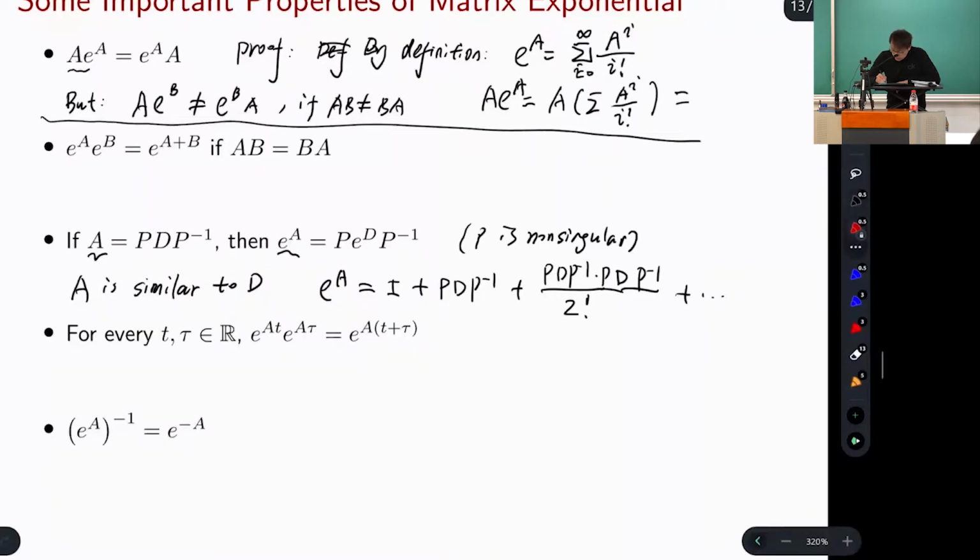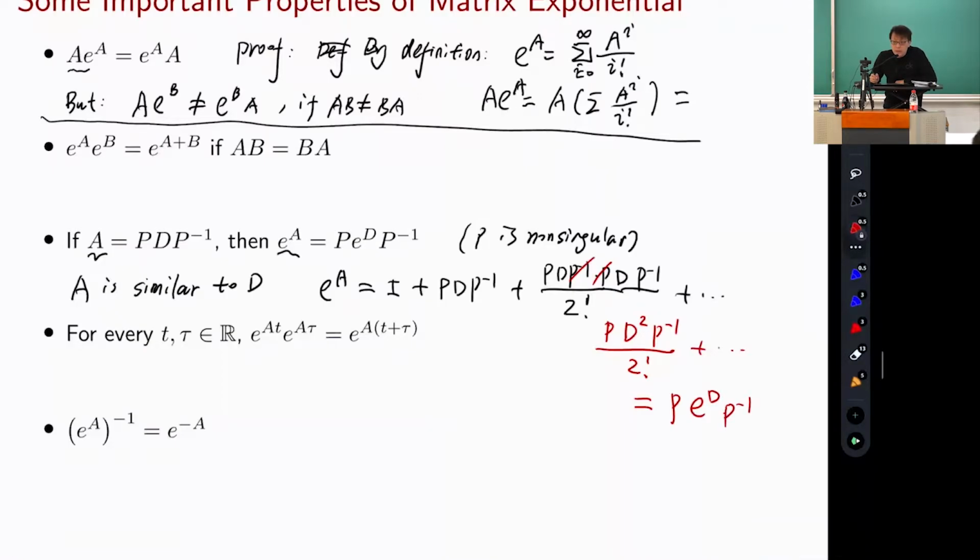This guy cancels, so this term becomes P, D squared, P inverse divided by 2 factorial. Following this trend, we can conclude this is P times e to the D times P inverse. I already gave you a formal proof for this property. Just by definition, all the proofs basically start from definition.